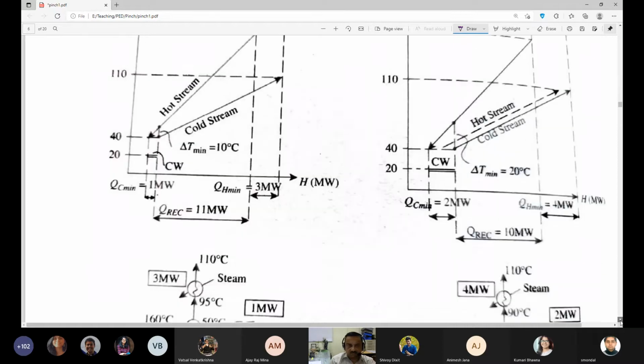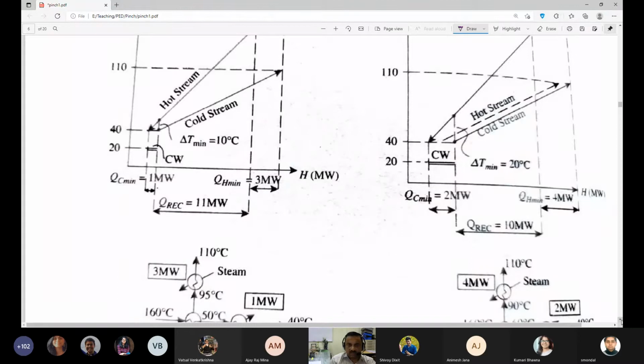Now, suppose I maintain this delta T min to be 10 degrees. These are the two different cases shown. In one case, this stream has been shifted so that delta T min becomes 20 degrees, and here the delta T min is retained as 10 degrees.